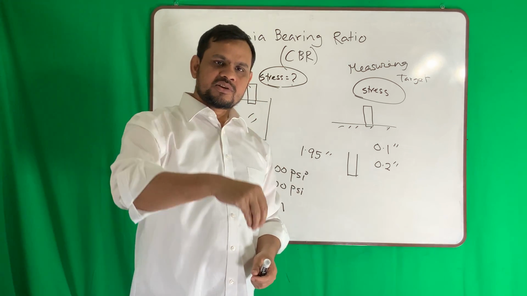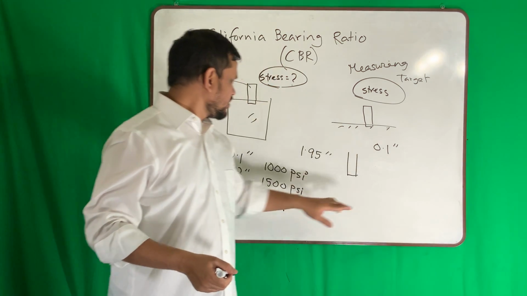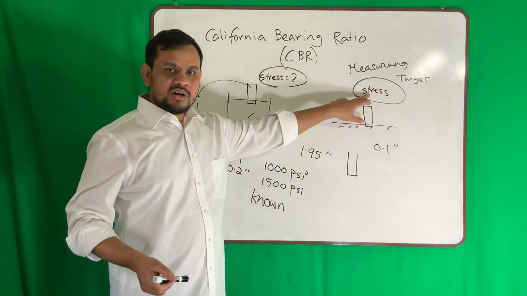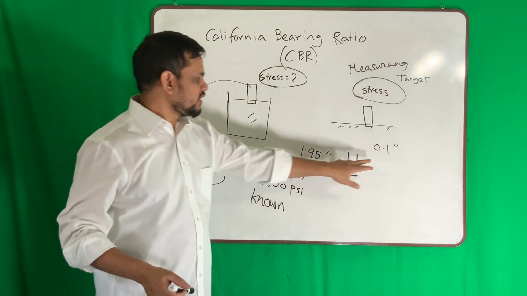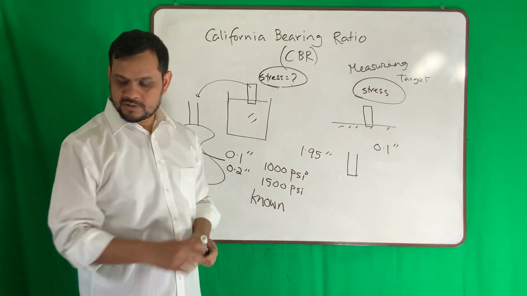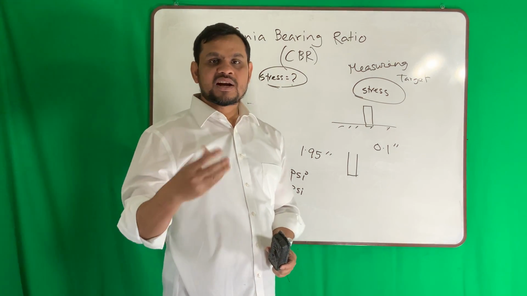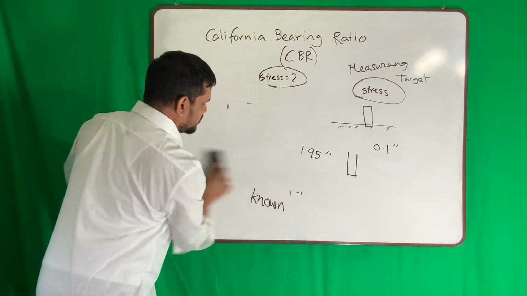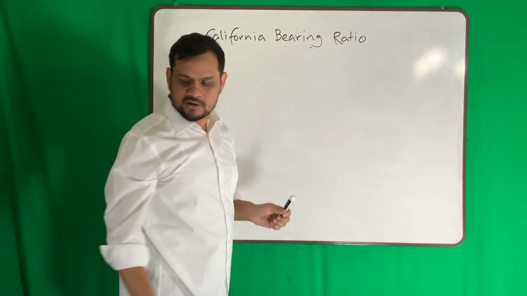We penetrate our soil by 0.1 inch, calculate the stress, and compare it with this. If we do 0.2 inch, compare with this. The ratio is expressed as a percentage, but we do not write the percentage, we just state the value.